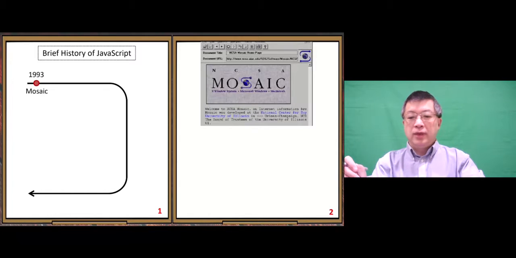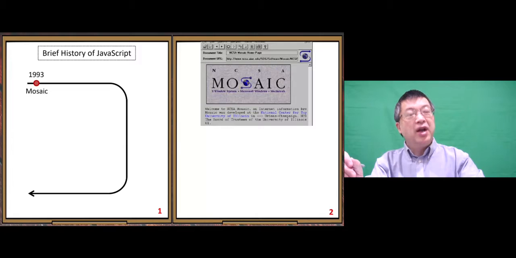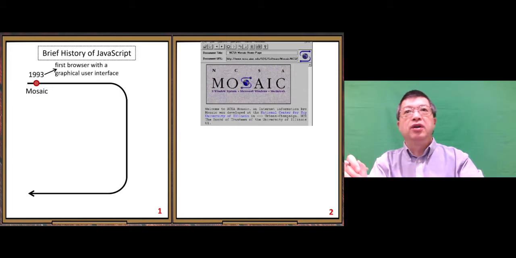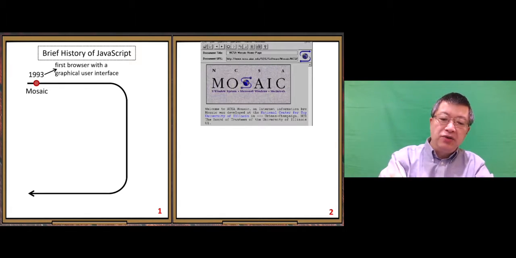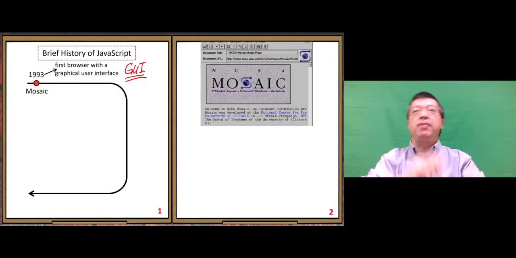The first one, starting from 1993, there is a browser called Mosaic. Why is this Mosaic browser important? Because it is the first browser with a graphical user interface, GUI. Mosaic was the first one.